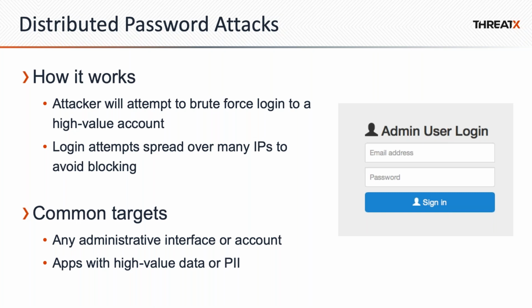So you'll see these being aimed primarily at administrative users, or as it says here in the slide, high value accounts. So whether that's the CEO of a company, if you can score their email address somewhere, or whatever the case might be. And again, this is something that we see where the apps have high value data or personally identifiable information on the back end.